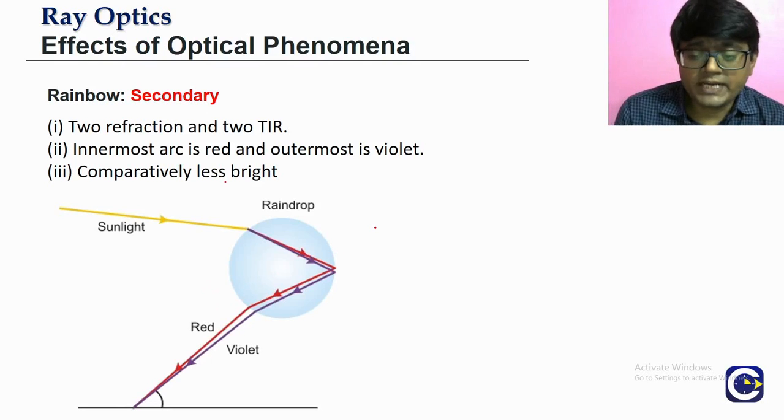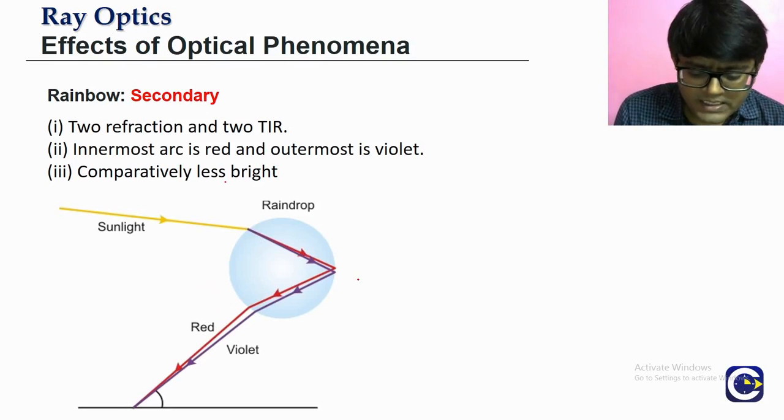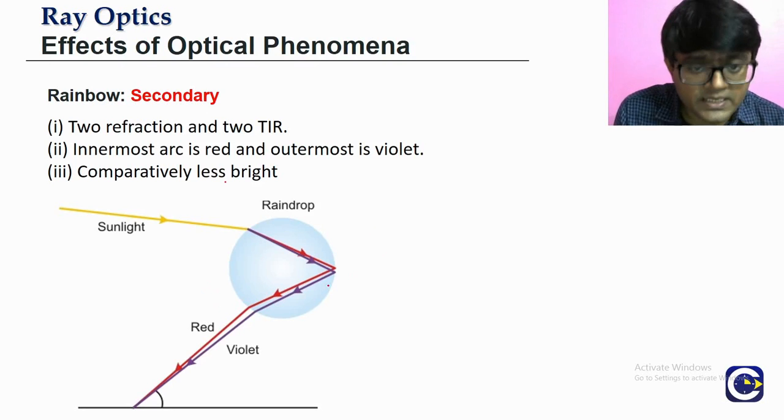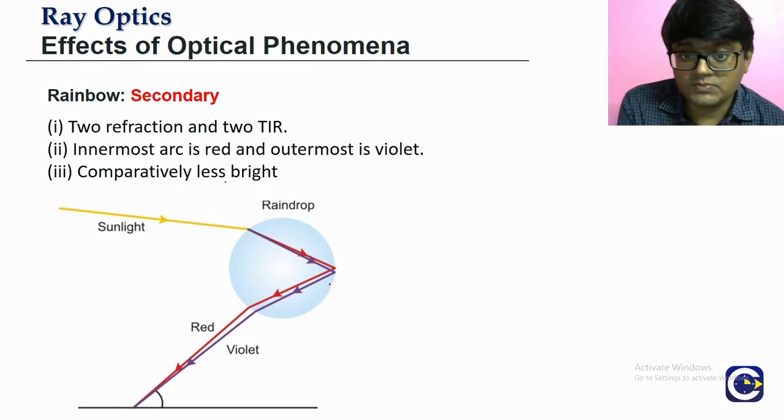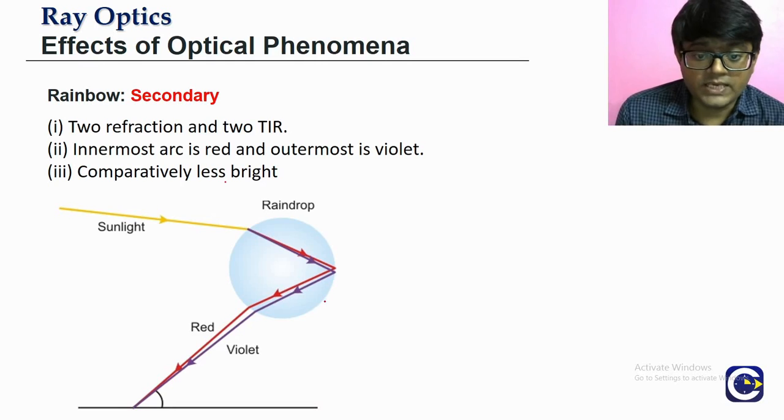There are different ways of understanding the formation of the secondary rainbow, but one of the simplest approaches is from what we have learned already in terms of the primary rainbow formation. What is the primary rainbow formation?